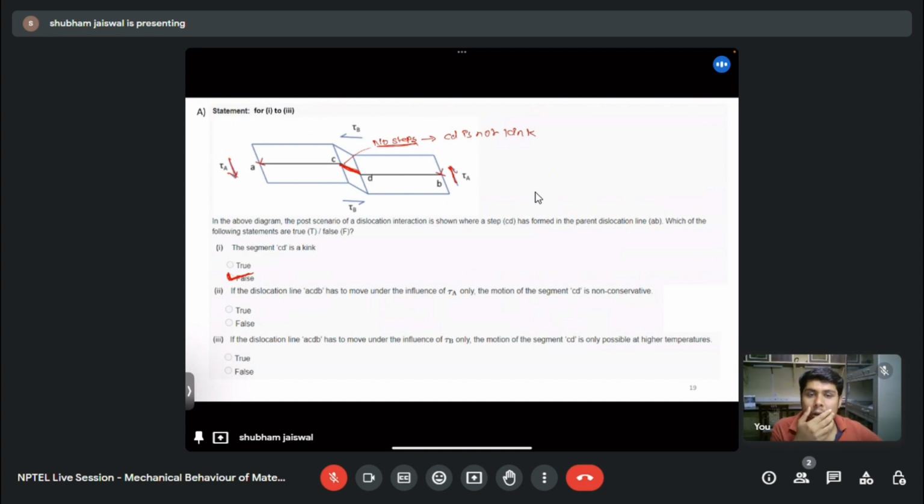So now try to answer it. It will try to move either in this or in this direction.